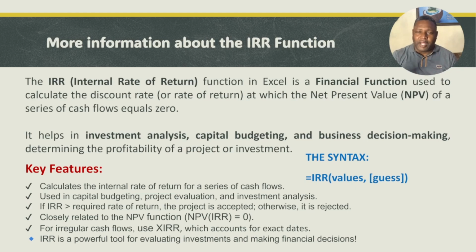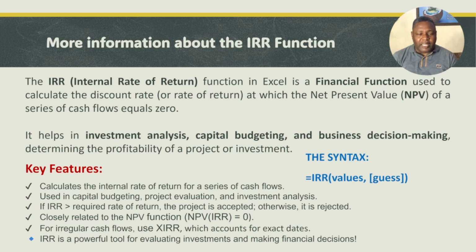You must have a series of cash flows and then your initial investment, which is usually in negative value. It's used in capital budgeting, project evaluation, and investment analysis. So if the internal rate of return is greater than the required rate, the project is accepted. Otherwise, it's rejected.